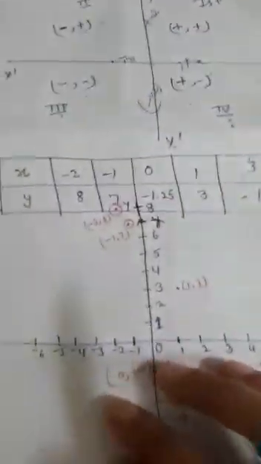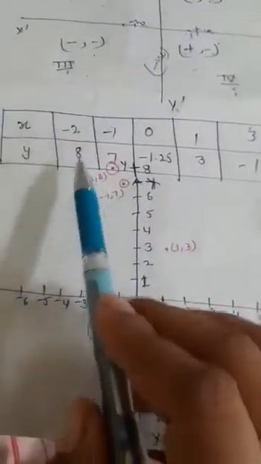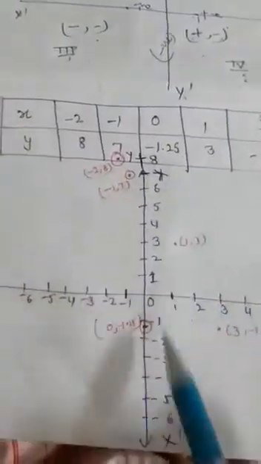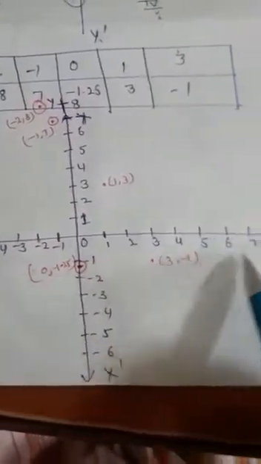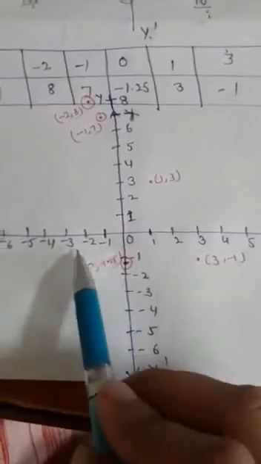Now in the second question you are given a table. In that table you are given values of x and y and you have to plot these on the graph. So simply we will take the graph, x-axis, y-axis, and we will write down the numbers at equal intervals. As here 1, 2, 3, 4, 5, 6 positive, -1, -2, -3, all these negative.